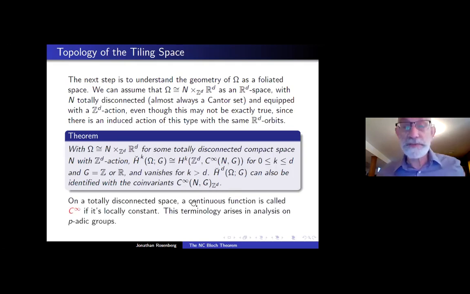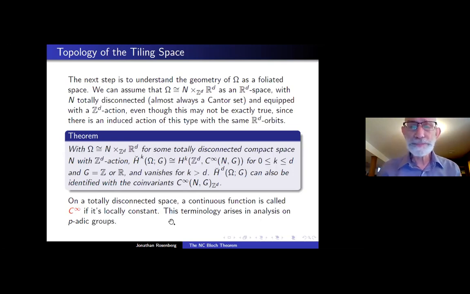I should say, if you're not familiar with this terminology, on a totally disconnected space, a continuous function is called C infinity if it's locally constant. And that's the standard terminology that comes up in analysis on p-adic groups. Since p-adic groups are totally disconnected, you need to deal with functions like that.